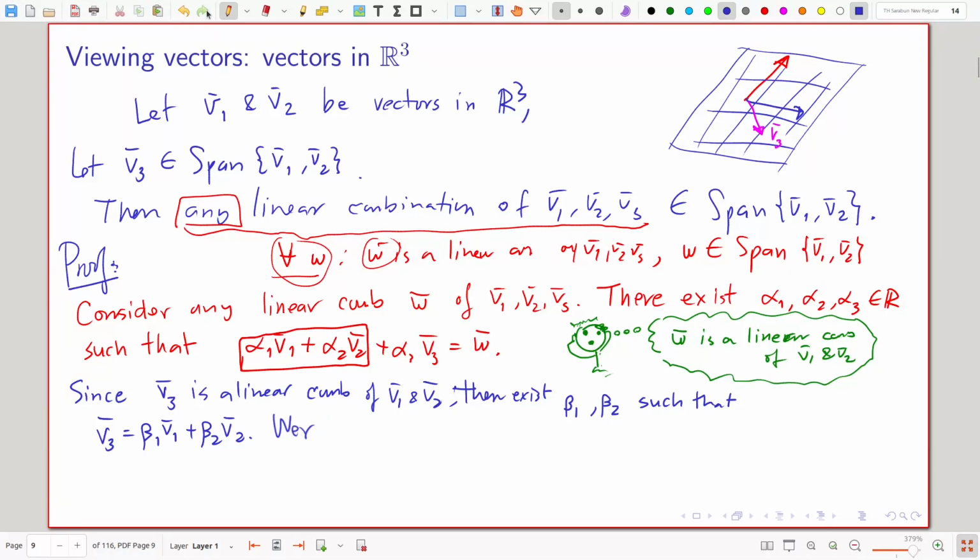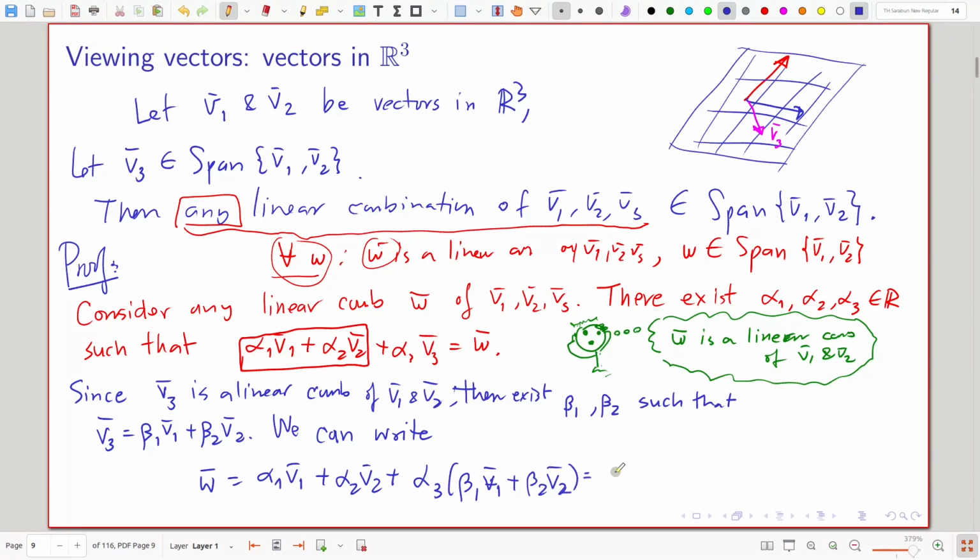We can write W to be alpha 1 V1 plus alpha 2 V2 plus alpha 3, but we know that V3 is beta 1 V1 plus beta 2 V2, right?